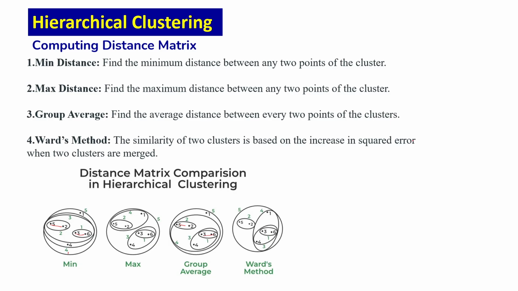We have not talked about error calculations, we will discuss them in some class later. So, these are the 4 different distance measures which can be used to find clusters.